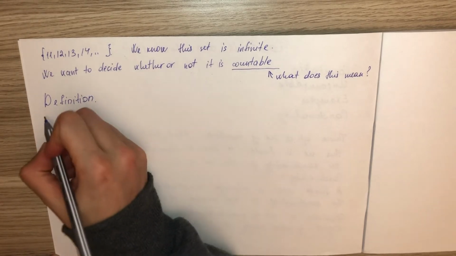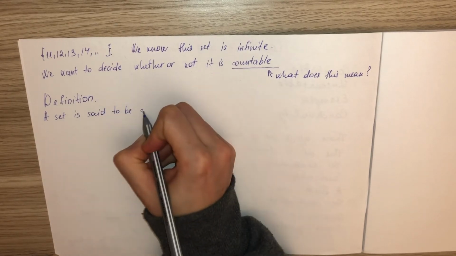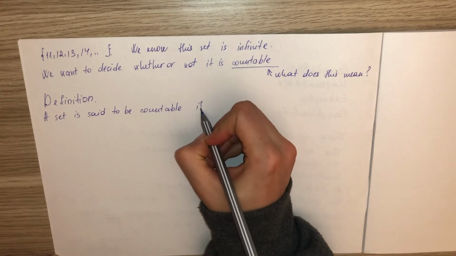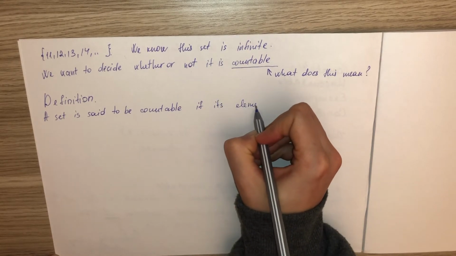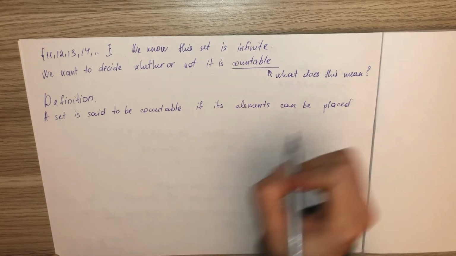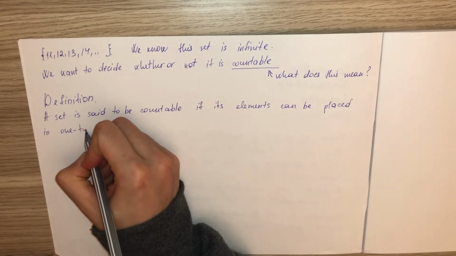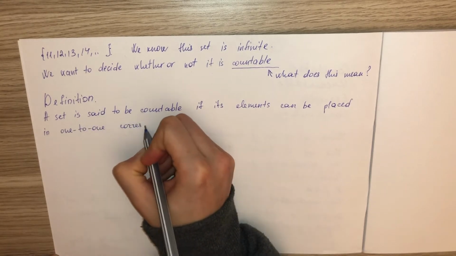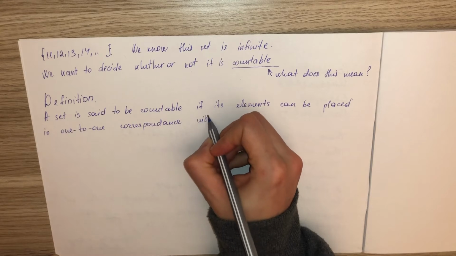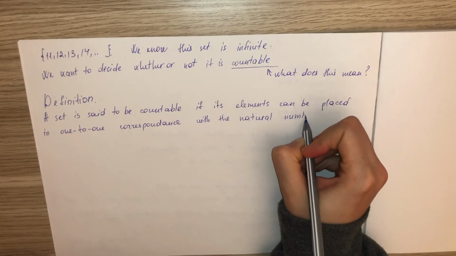A set is said to be countable if its elements can be placed in one-to-one correspondence with the natural numbers.